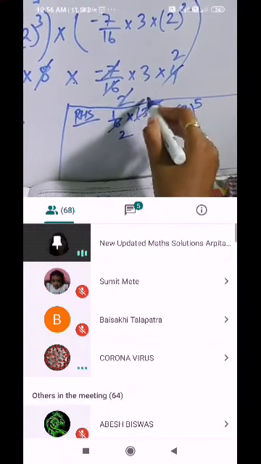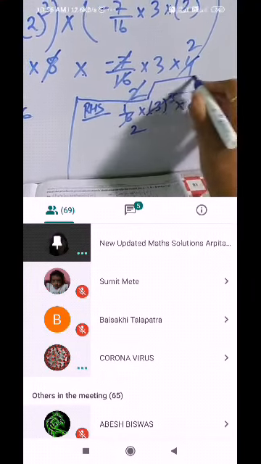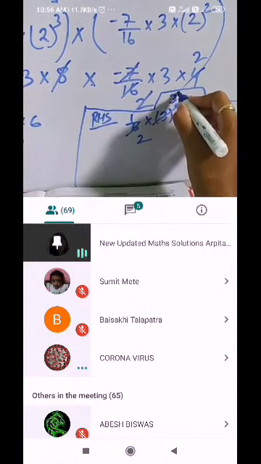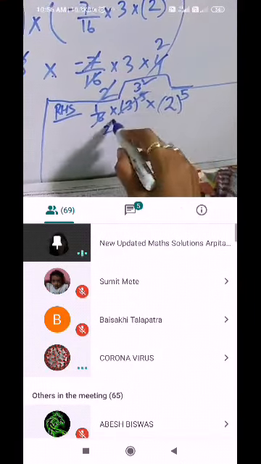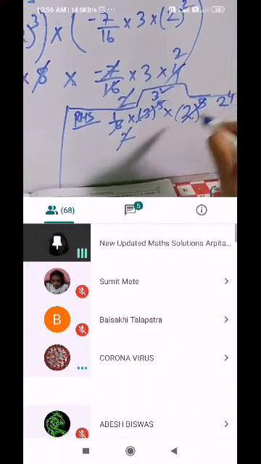And there 3 square will be left. And this also will be cut. 2 to the power 4 will be left.